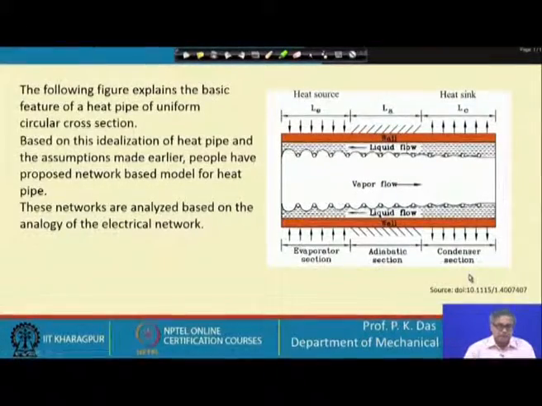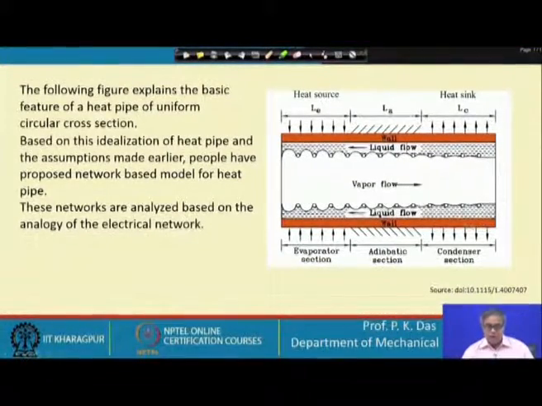Next slide. In the next slide I am showing you one diagram of the heat pipe. You can appreciate, by now we have learnt heat pipe. So, this is the container, which is a tubular container in most of the cases, or the wall of the heat pipe, which is metallic and solid wall.